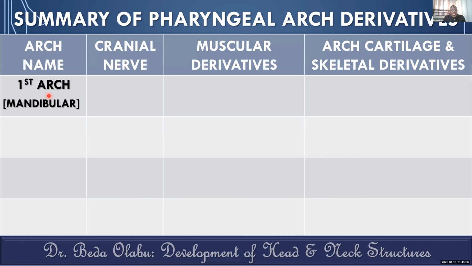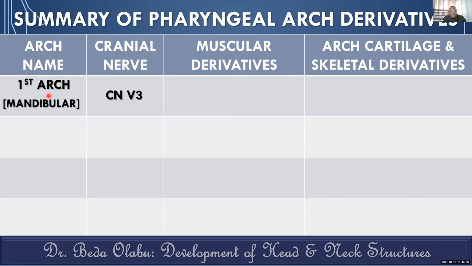This particular arch is supplied primarily by the mandibular division of the trigeminal nerve. Now, the mandibular division of the trigeminal nerve offers both motor as well as sensory supply to the derivatives of the first pharyngeal arch.